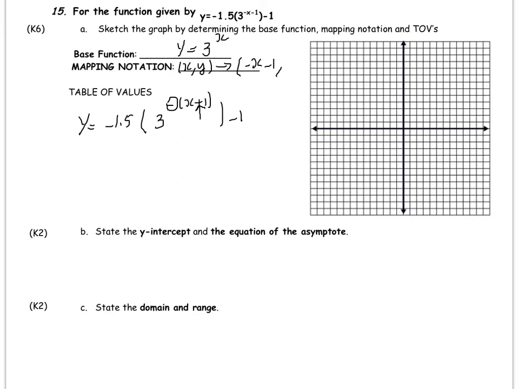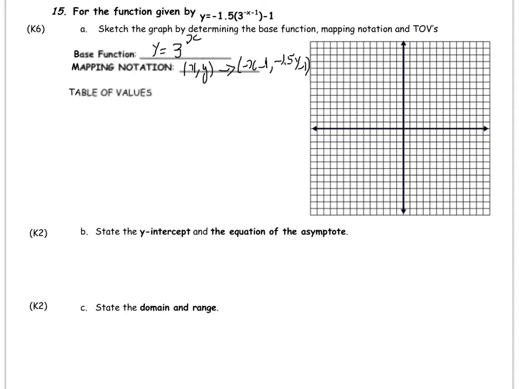Now y is multiplied by negative 1.5 and also subtracted by 1. So my y becomes negative 1.5 y, with 1 subtracted from it. This is my mapping notation.